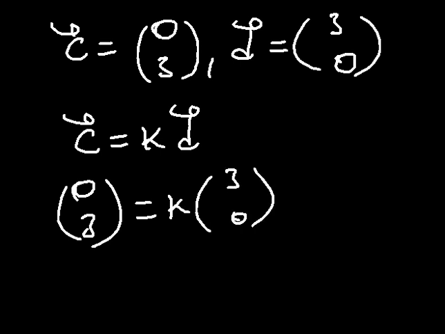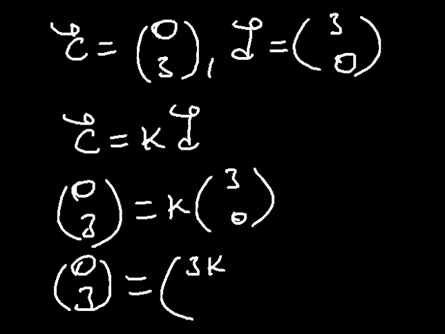Now this is the same as (0, 3) equal to (3k, 0).